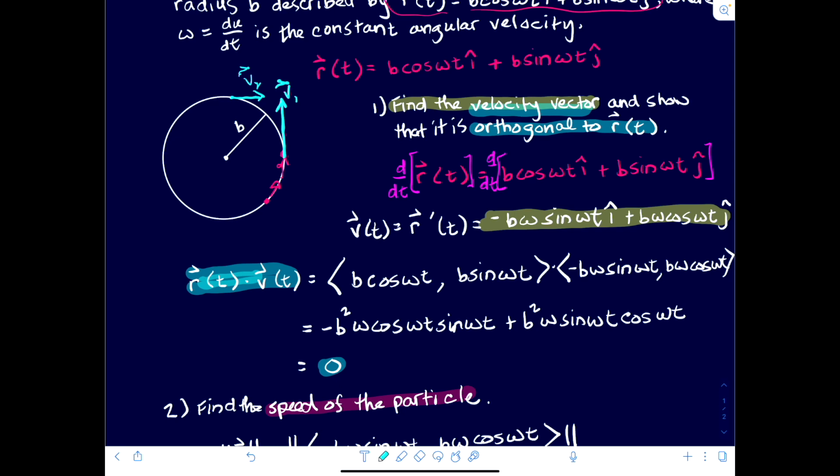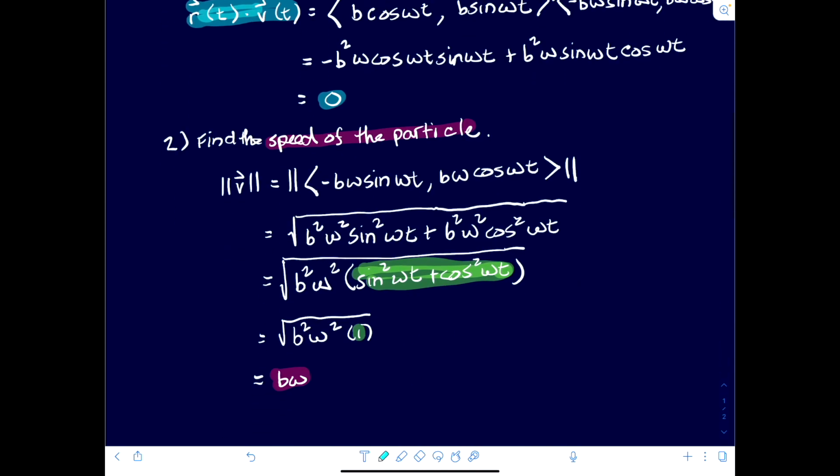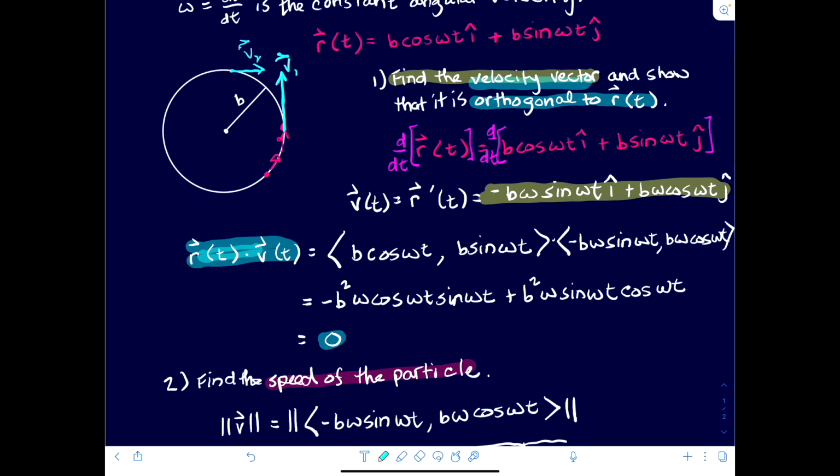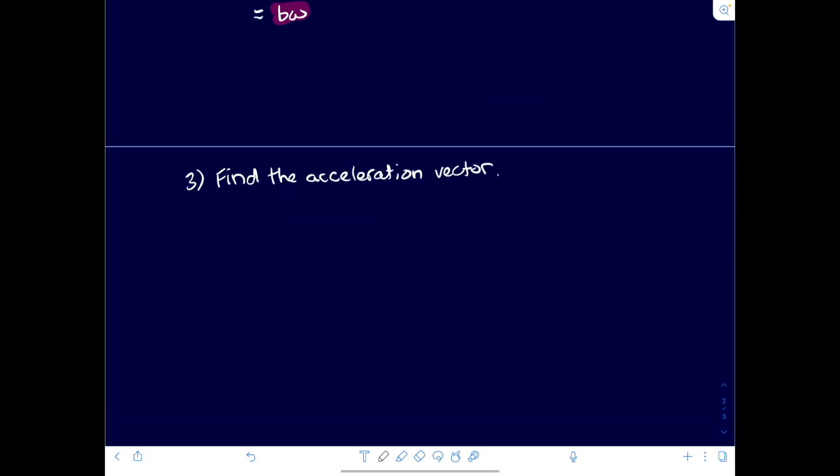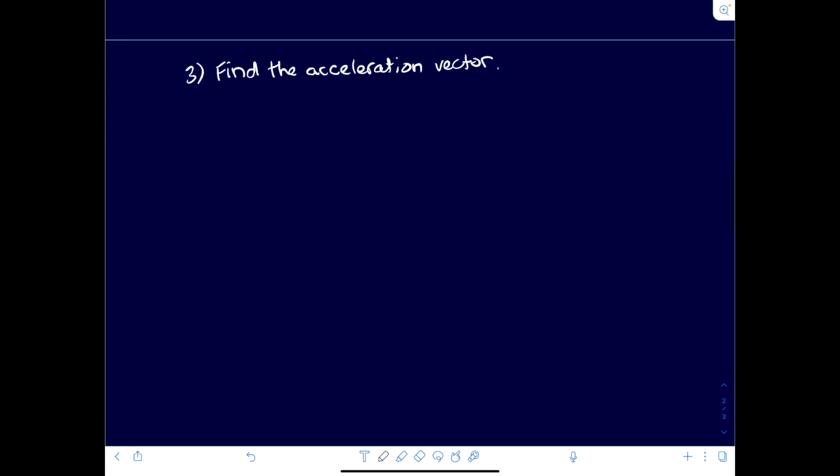Good so far? All right, and that of course is the magnitude of these velocity vectors. So now let's take a look at the acceleration vector. Let's check it out. So here the acceleration vector is going to be the derivative of the velocity vector, right?